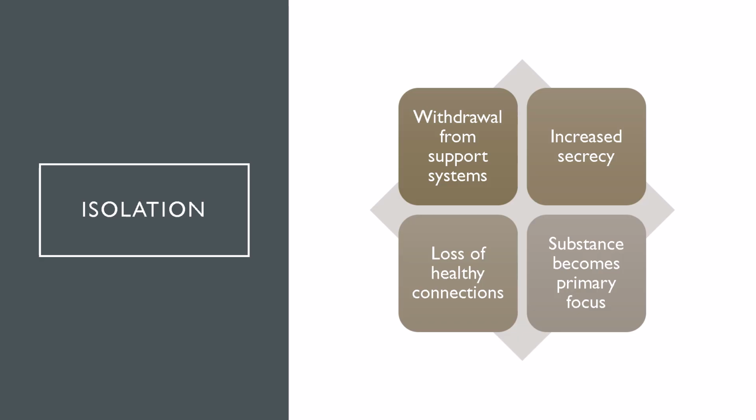And that secrecy then further isolates them and reduces opportunities for their support system to support them. Over time, those healthy connections might be lost, and that leaves the person more dependent on the substance. And that creates a cycle where isolation is reinforcing the substance use, and the substance use is reinforcing the isolation.